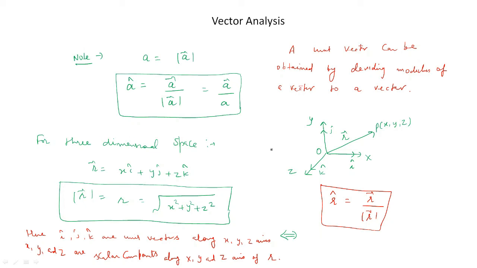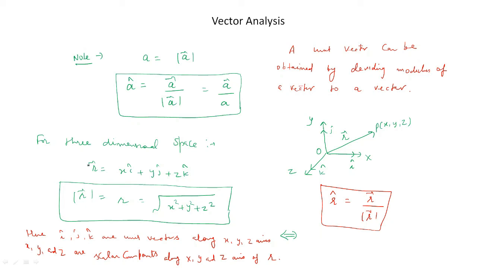For three-dimensional space, we can represent the vector R as x i plus y j plus z k. Here x, y, z are the scalar components of the vector R along x, y, z axis, and i, j, k are the unit vectors along x, y, z axis.